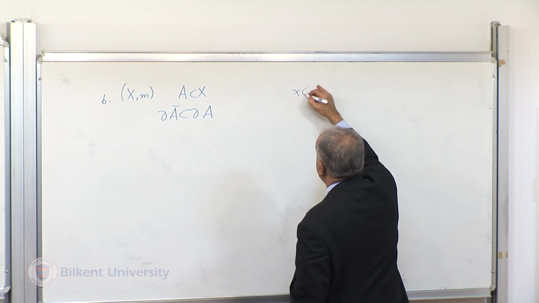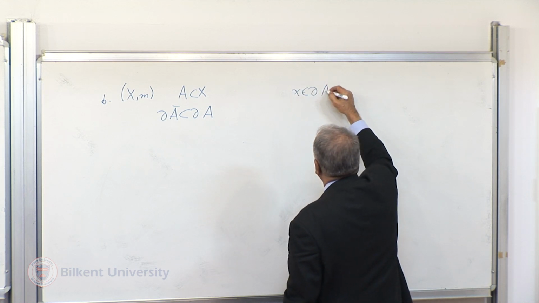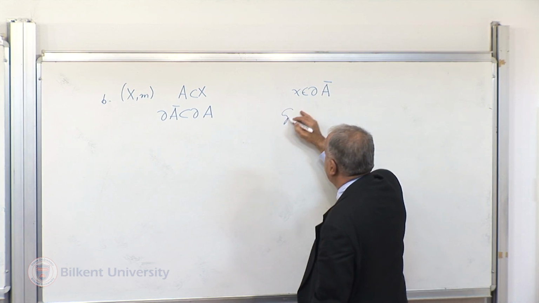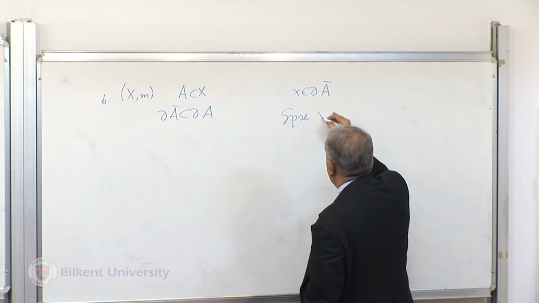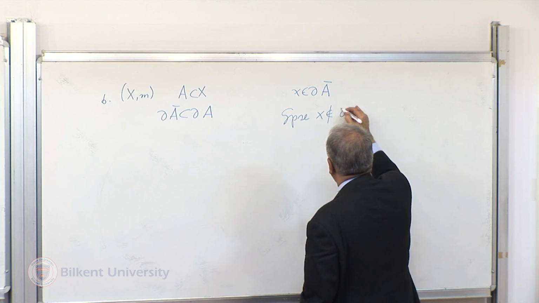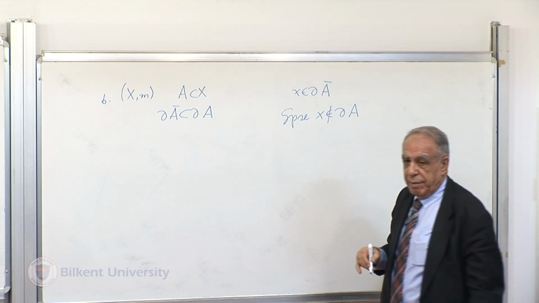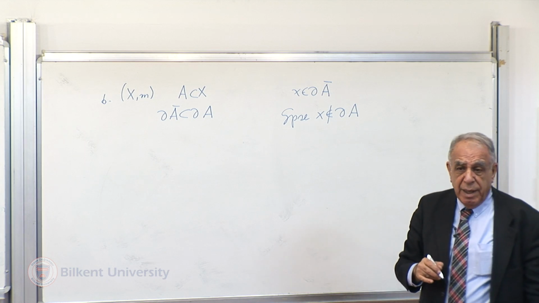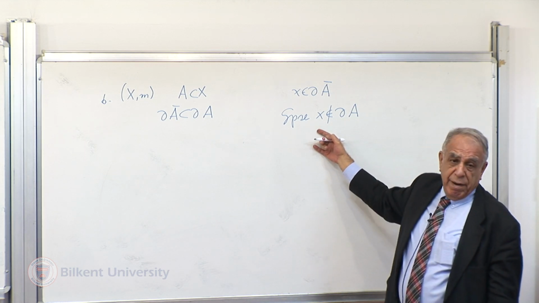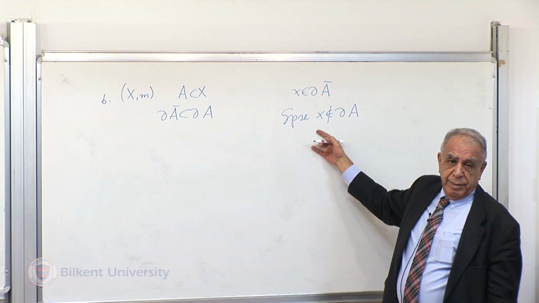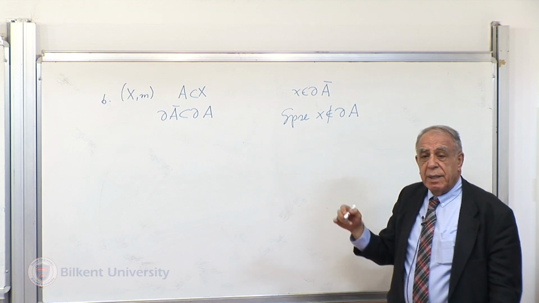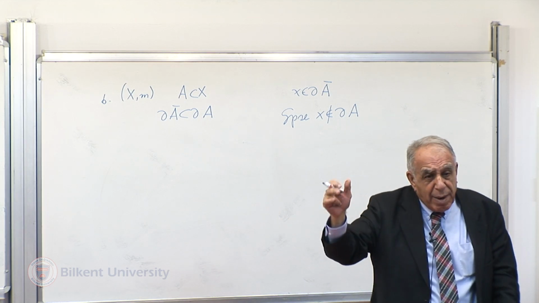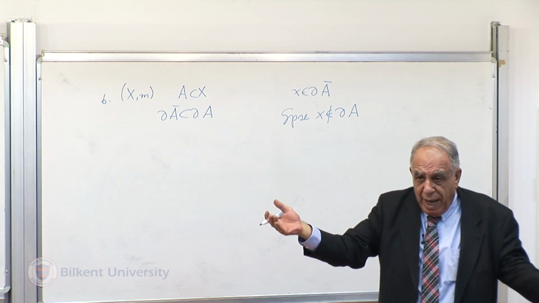So, okay, now let x be in the boundary of A closure. Suppose x is not in the boundary of A. Well, then that means there is some neighborhood U of x such that either the intersection of U with A or its intersection with X minus A is empty. One of the two should be empty.